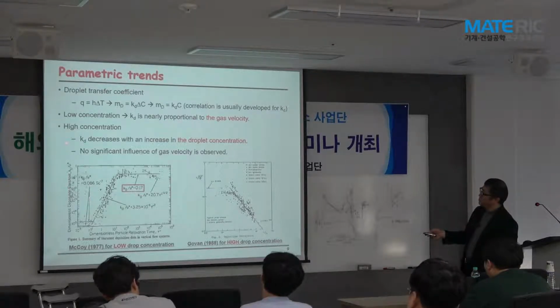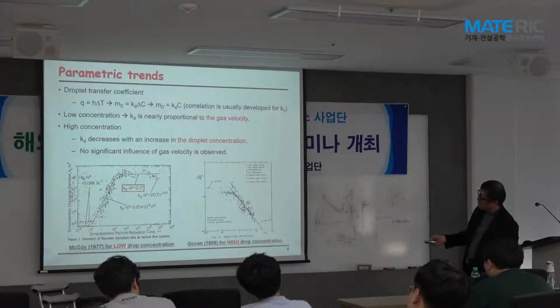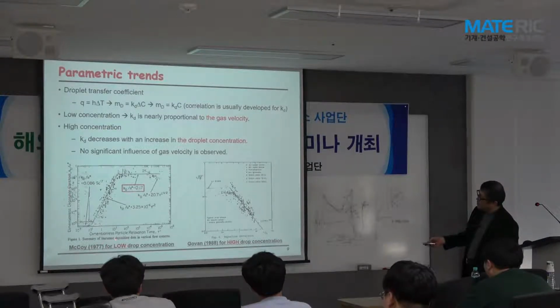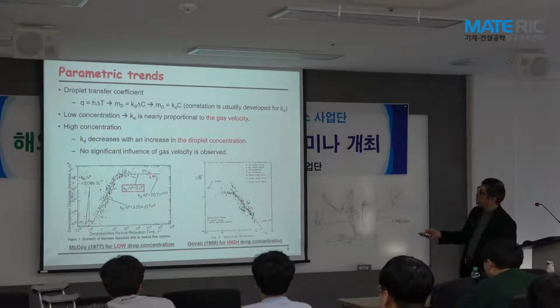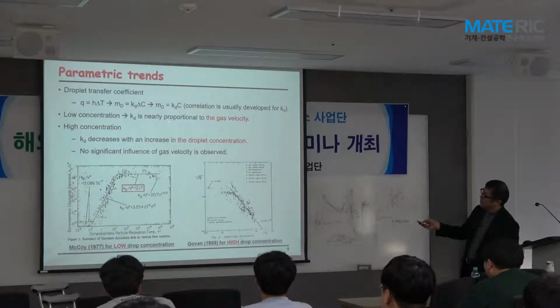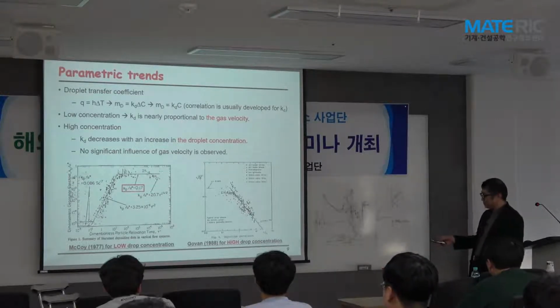But for high concentration, this is a very famous figure by McCoy and Hanratty. This part is most important. As you can see, some parameter is constant. This implies that the conclusion is this one. This proportionality factor is proportional to the gas velocity. So it's a very simple situation.